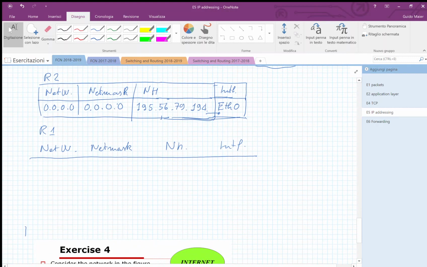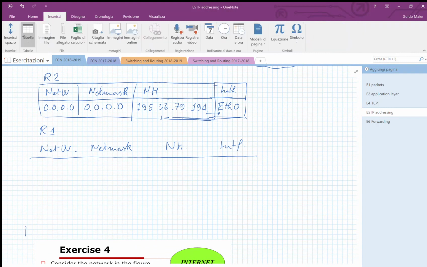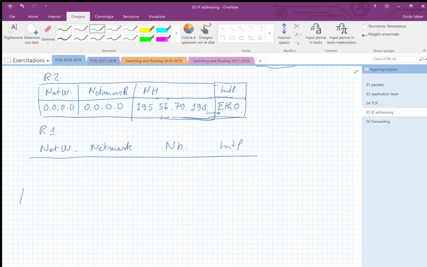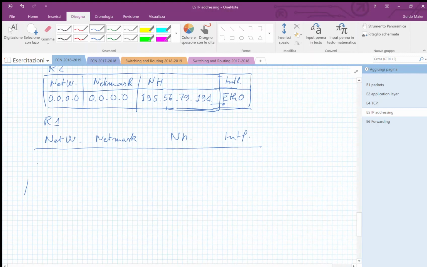Unfortunately, you cannot see everything, but here we will have, for instance, 195.56.78.0 net mask 255.255.